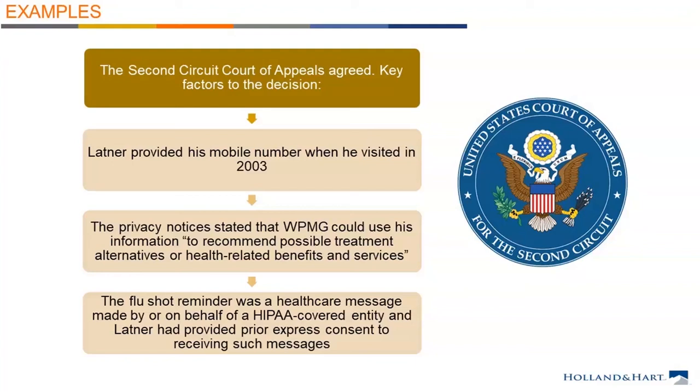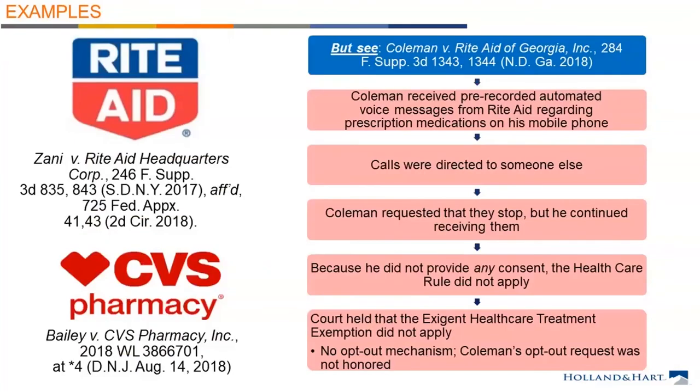Let me give you just a touch on a few more examples. I don't want to take too much more of your time today, but the Zani case in New York. This was one of those prescription cases. Zani had filled a prescription with Rite Aid in 2013, and on that day, in September of 2013, he provided his cell phone number along with some other personal information.